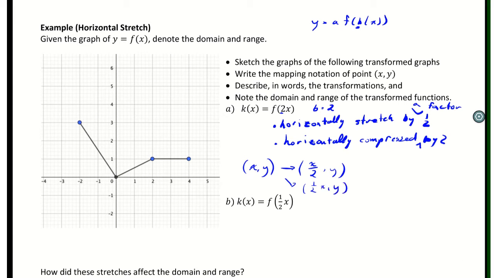Regardless, now we're going to mess around with the x, right? So here, this is (-2, 3). If we stretch it by a factor of half, it becomes (-1, 3). This is (0, 0). (2, 1) gets compressed, and it becomes (1, 1). (4, 1) becomes (2, 1). So now I've compressed my points.